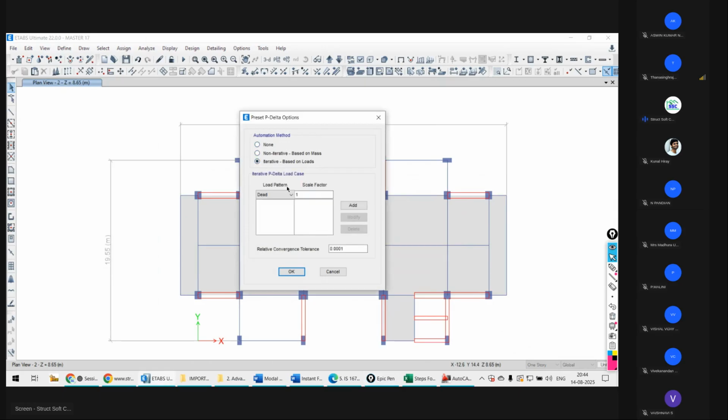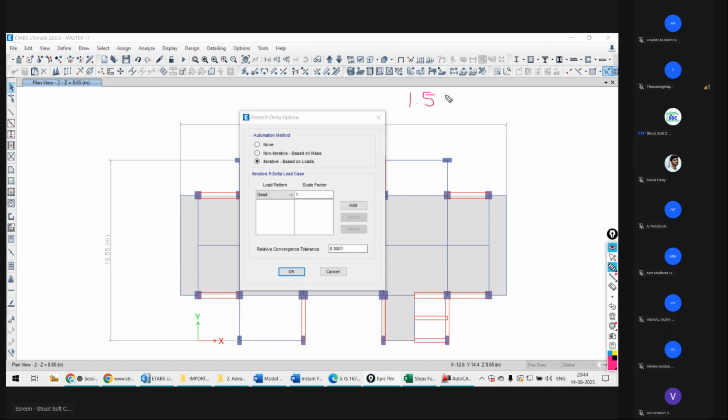Okay, it is the iterative based. And there are two options where there is a recommendation. One is what? 1.2 dead load plus 1.2 live load. This is the first option. And the second option is what? 1.5 dead load.